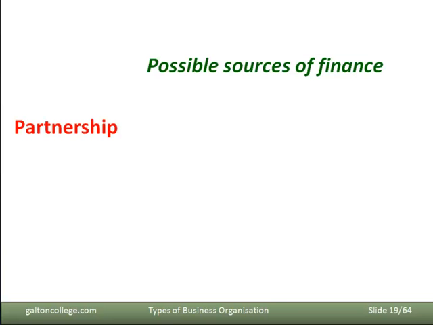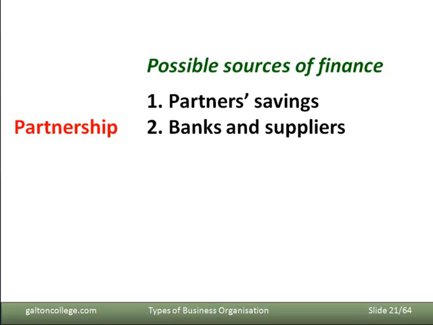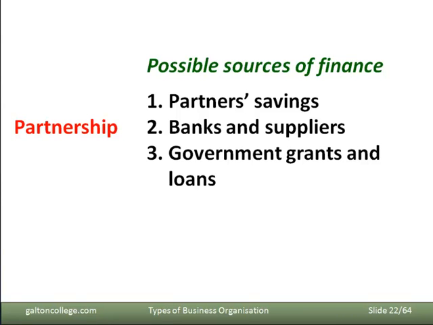So the possible sources of finance here, in fact, are very similar to the sole trader. Their savings, for example. The banks and the suppliers, like we mentioned earlier. The banks might be more willing to lend to the partnership because there are more of them, but it's still an issue. Government grants, again, the government might want to encourage the partnership to set up a business in an area where there's high unemployment.